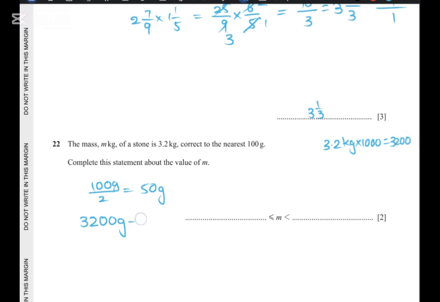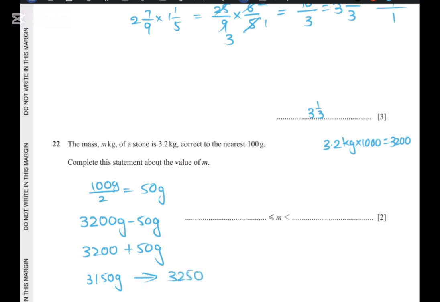From here I'll subtract 50 grams for the lower bound, and I'll add 50 to get the upper bound. When you subtract you get 3150, and the upper bound I will get 3250.